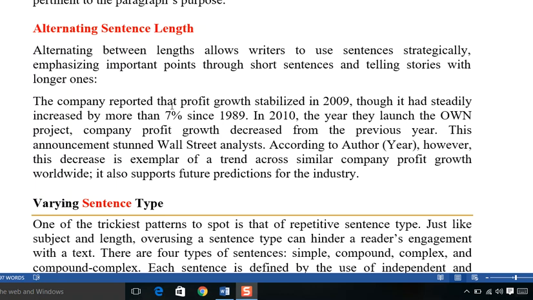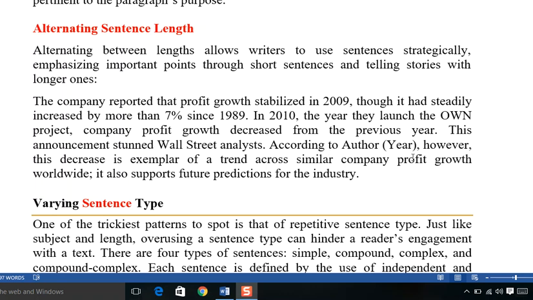The company reported that the profit growth stabilized in 2009, though it had steadily increased by more than 7% since 1989. In 2010, the year they launched the OWN project, company profit growth decreased from the previous year. This announcement stunned Wall Street analysts.